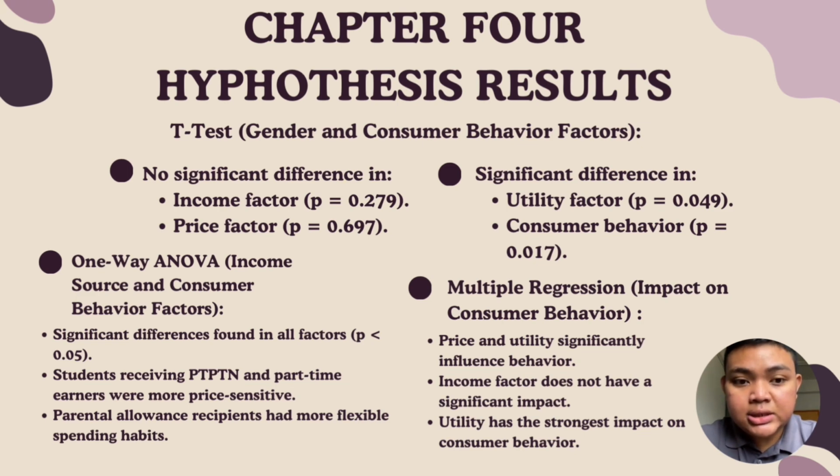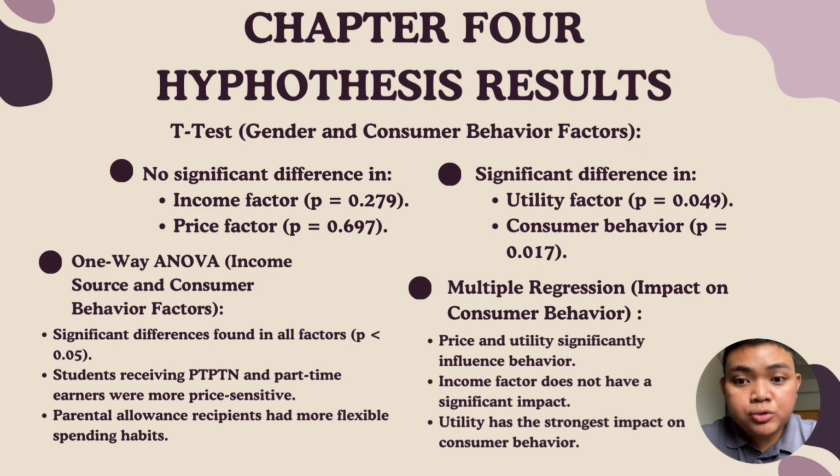Multiple regression analysis. This analysis assesses the influence of income, price and utility on consumer behavior. Utility factor: the strongest predictor of consumer behavior with a positive and significant impact, beta equal to 0.384, P less than 0.001.